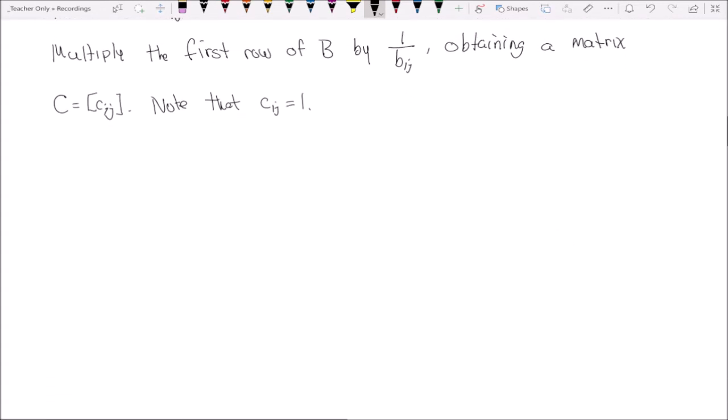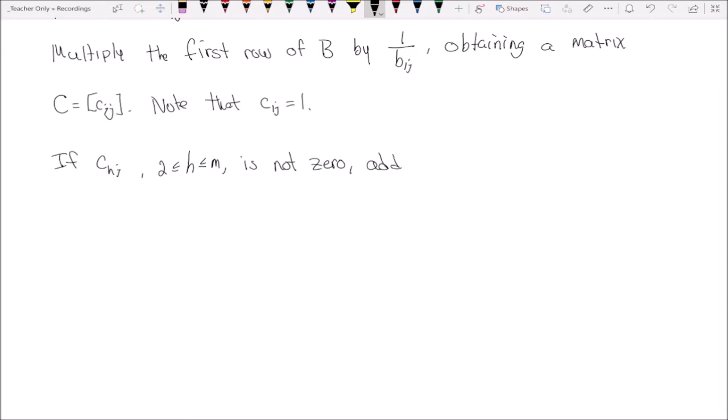Now what we do, if CHJ, where H is between 2 and M, is not 0, we want to make it 0.